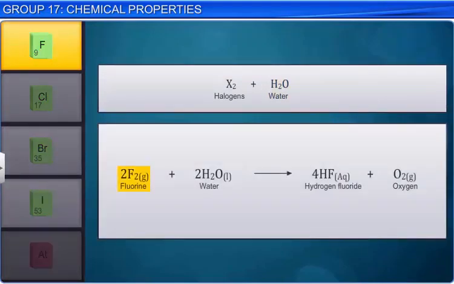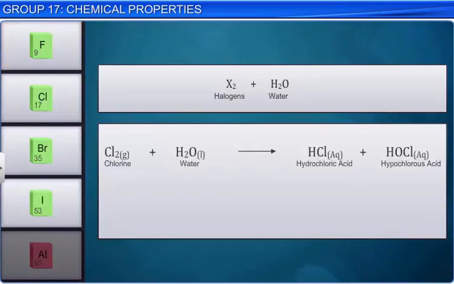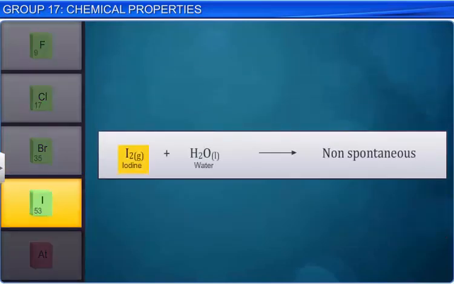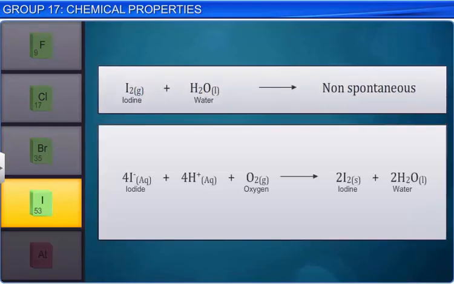Fluorine oxidizes water to oxygen gas, whereas chlorine and bromine produce their corresponding products, like hydrohalic and hypohalous acids. The reaction of iodine with water is non-spontaneous. In an acidic medium, iodide ions are oxidized by oxygen, as shown here.